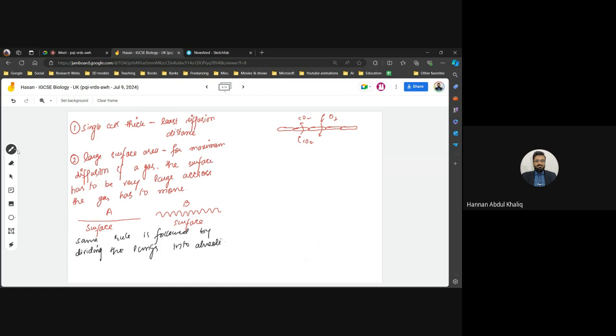Number three, it has to be moist, because diffusion easily occurs. You may know that when the iron starts rotting, when does the iron start rotting?